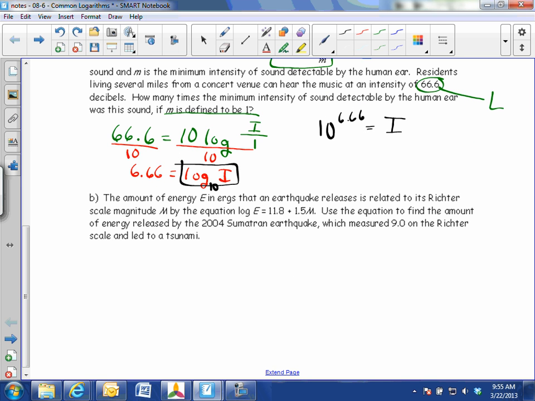Alright, so now what happens? What is 10 to the 6.66? Wait, how did you get 10 from 6.66? Yes, base is 10. You brought it over to the other side.